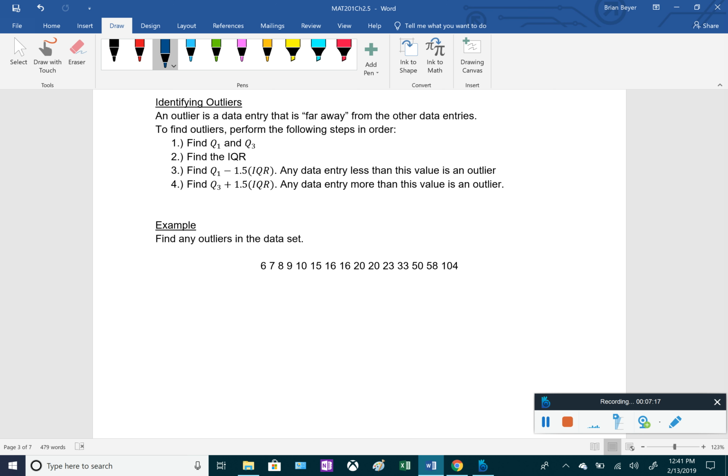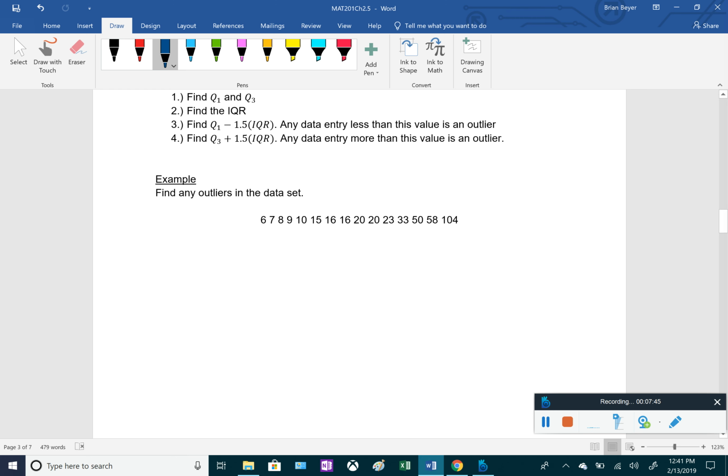Then we calculate Q1 minus 1.5 times the interquartile range. Make sure your order of operations is correct and you do the multiplication first. Any data entry that is less than that value is going to be an outlier. And then we're also going to calculate Q3 plus 1.5 times the interquartile range. Any data entry more than that value is going to be an outlier.